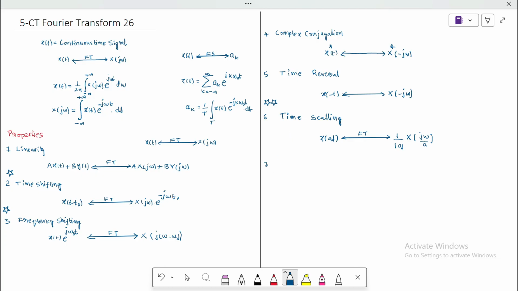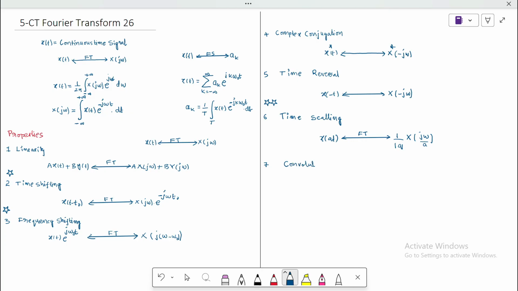Next, the seventh one is convolution. In the continuous time Fourier series, it is called periodic convolution, but since it is aperiodic, we just call it convolution.